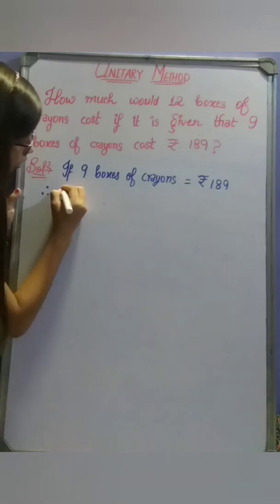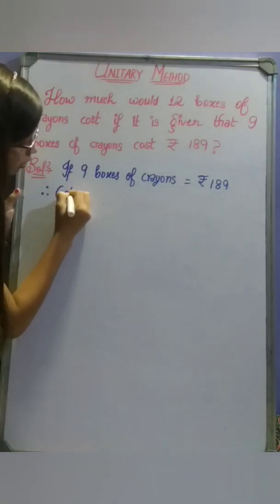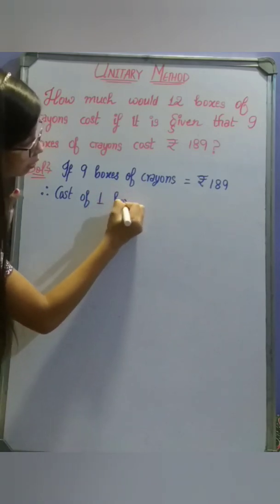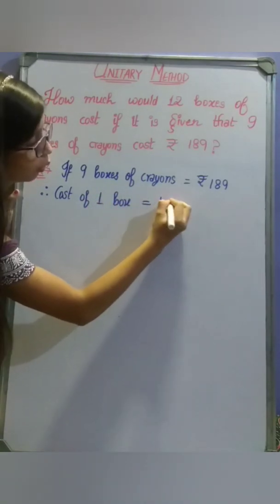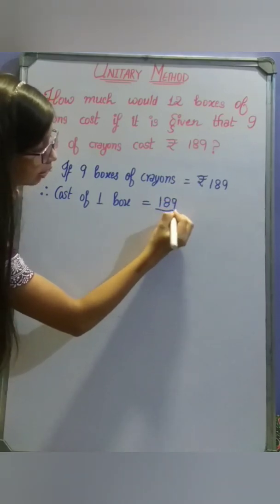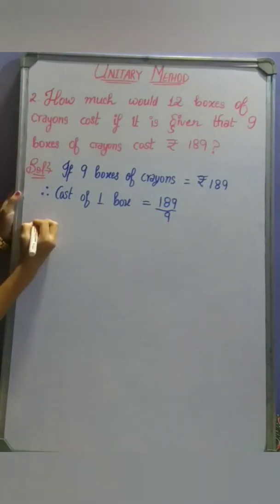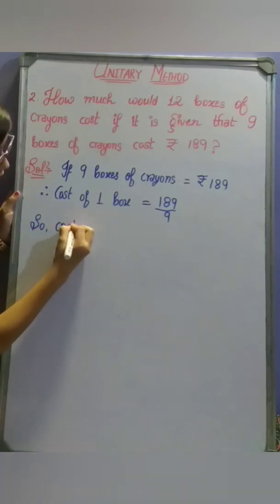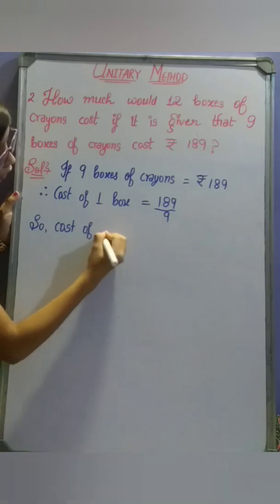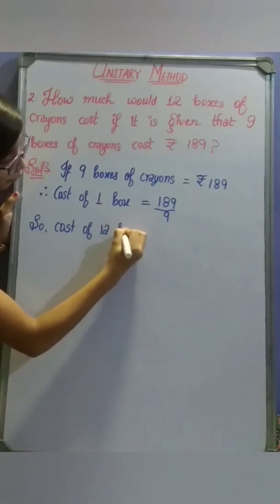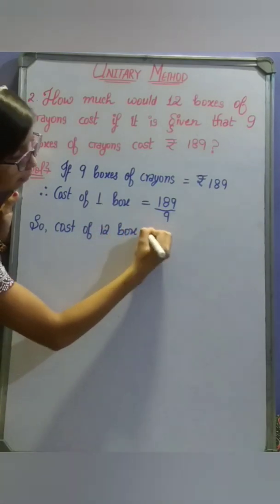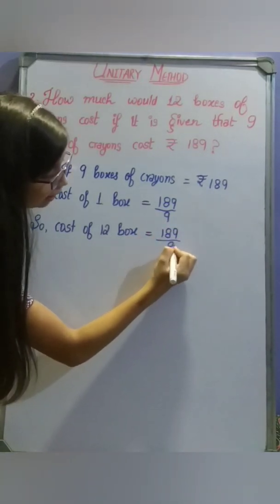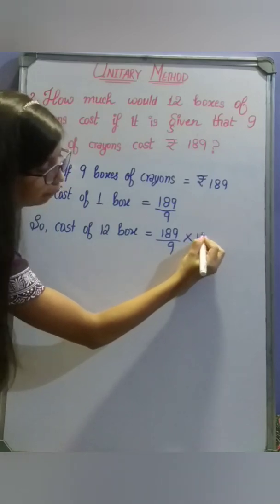Therefore, cost of one box is equal to 189 by 9. So, cost of 12 boxes will be equal to 189 by 9 into 12.